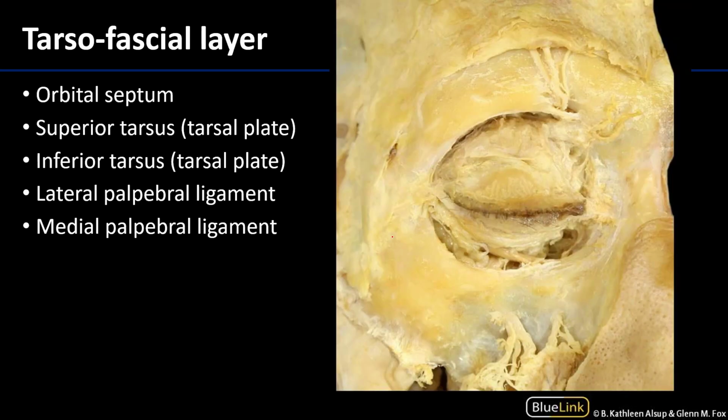The palpebrae themselves are somewhat complex layer-wise. From superficial to deep, we have the skin of the eyelids, and then the subcutaneous tissue. Then we have some of the palpebral fibers of orbicularis oculi.